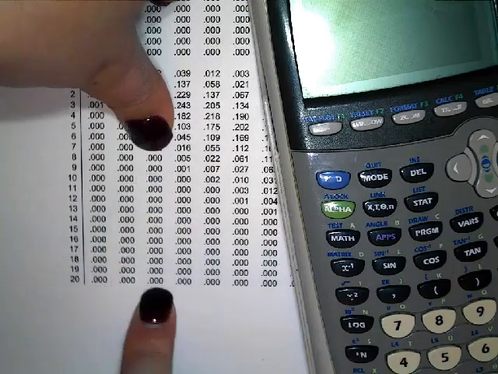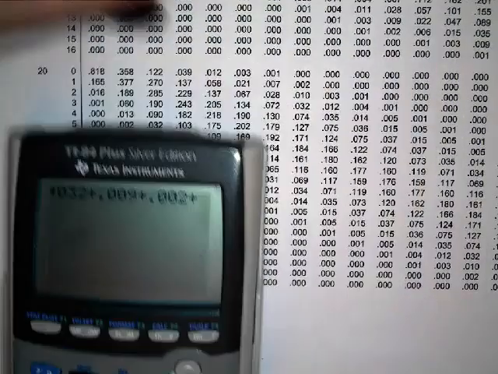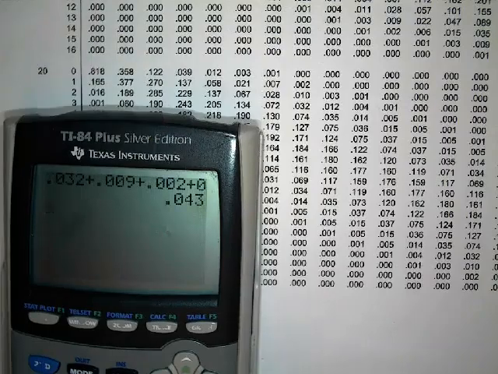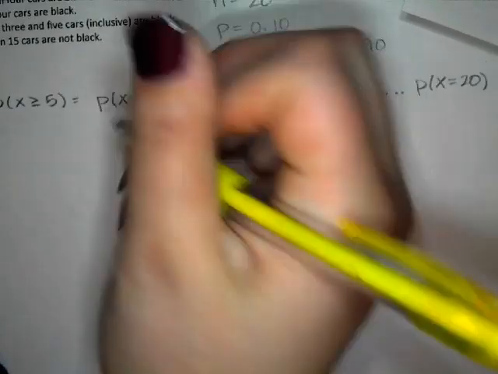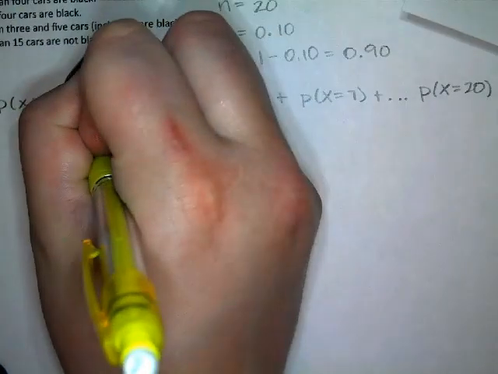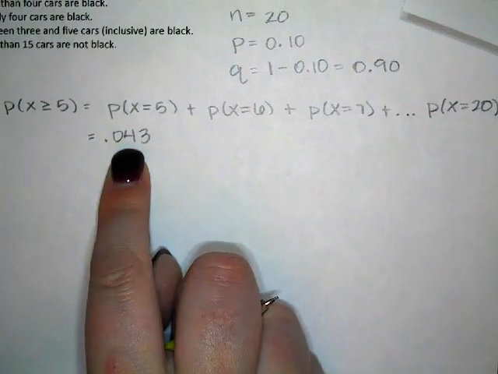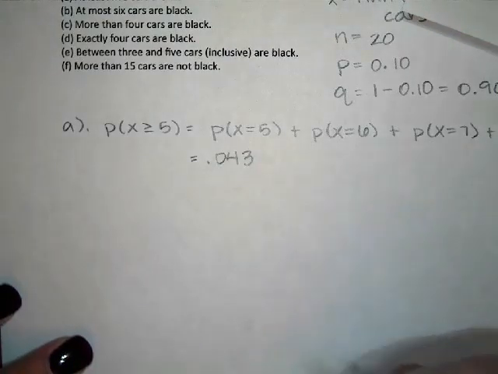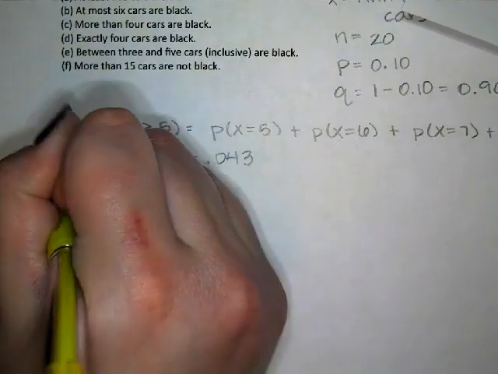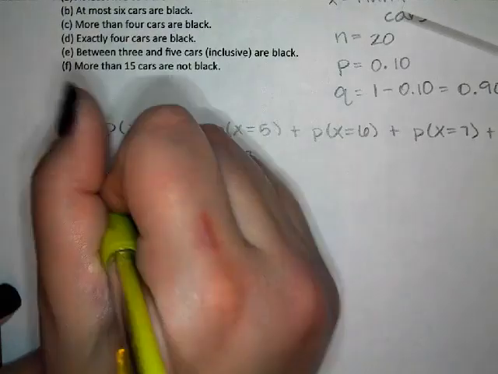They're just approximating 0 because we cut off some decimals past that third digit. So I'm just going to say plus 0 right here. So 0.043 probability, or 4.3% if you like to think in terms of percentages.